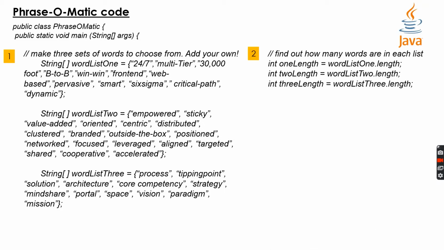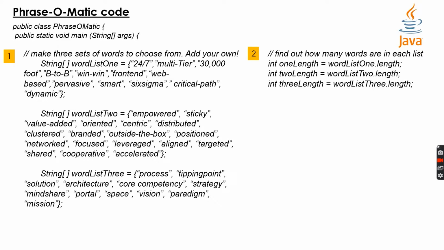Number 2, for each of the three lists or arrays, the goal is to pick a random one. So we have to know how many words are in each list. If there are 14 words in a list, then we need a random number between 0 and 13.